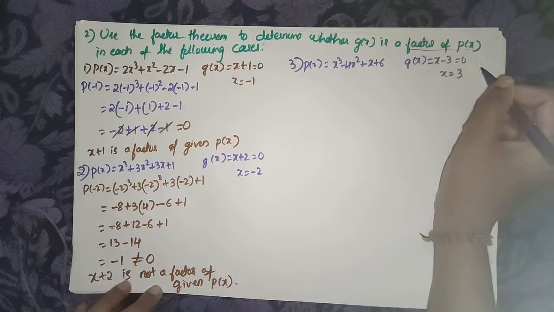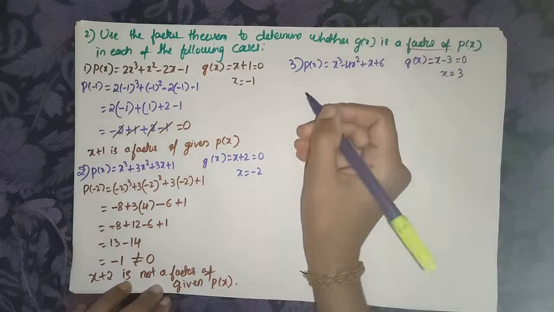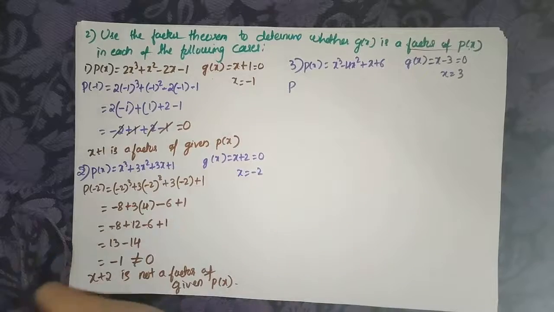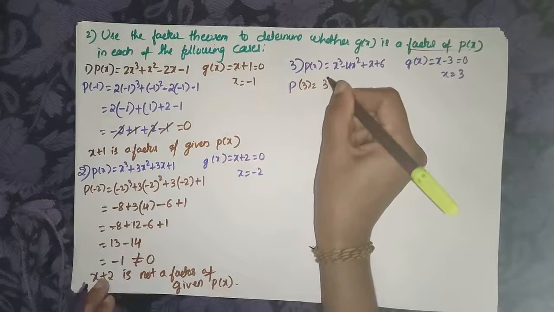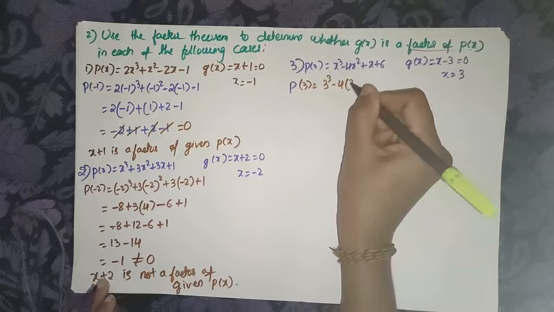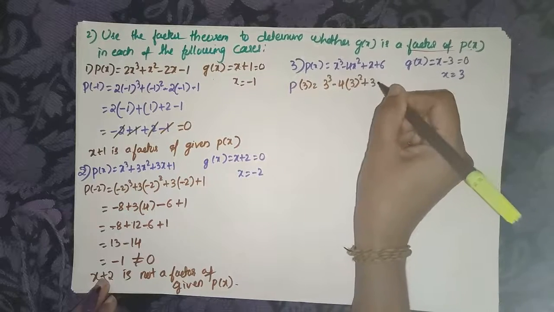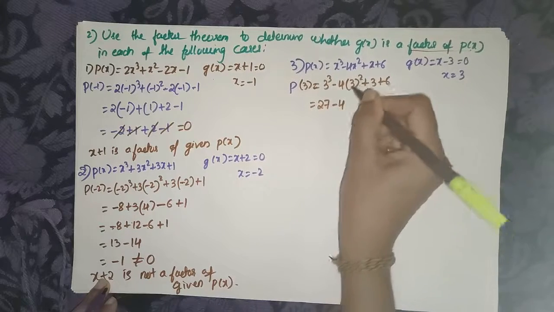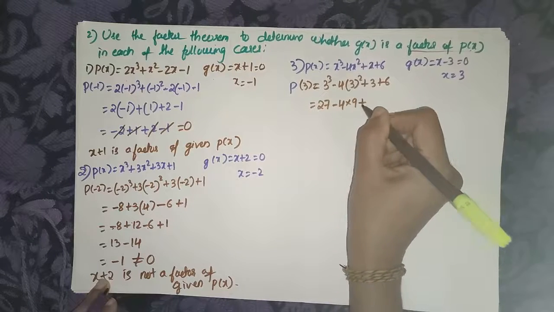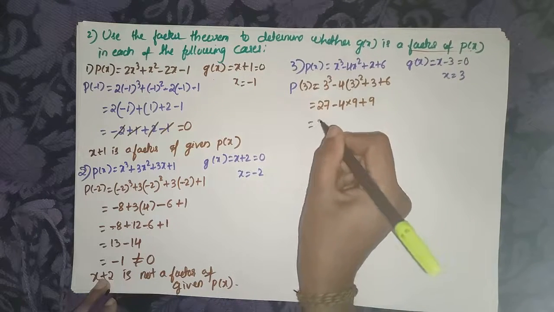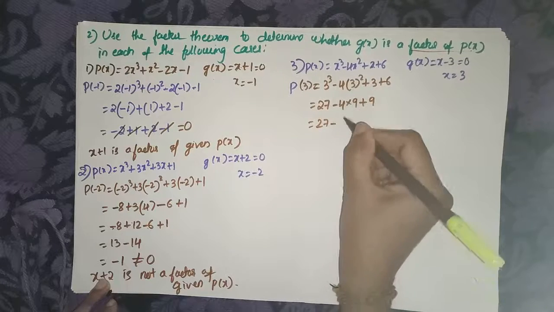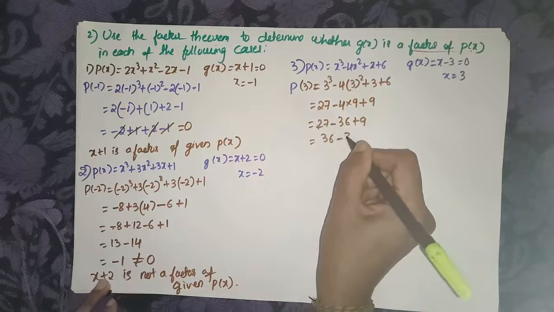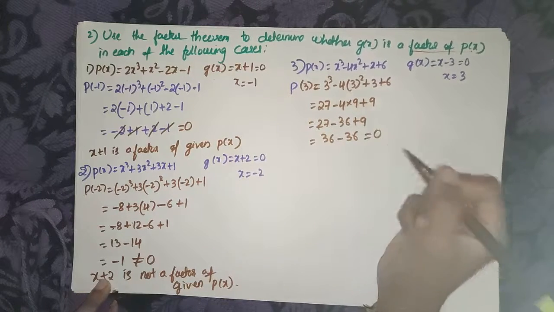Then here we need to substitute x is 3, that is p of 3 equals 3 cube minus 4 into 3 square plus x, which is 3, plus 6. 3 cube is 27, minus 4 into 3 square, which is 9, plus 3 plus 6 is 9. 27 plus 9 is 36, minus 36. This equals 0.